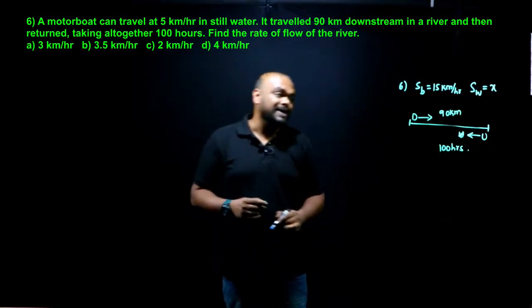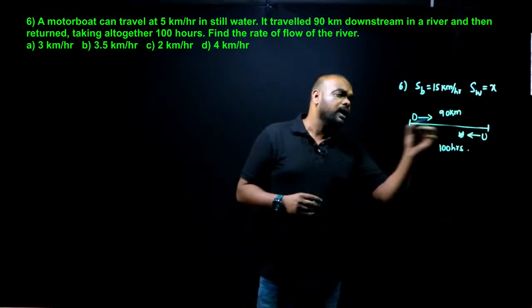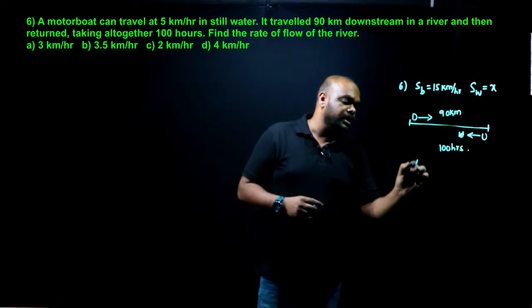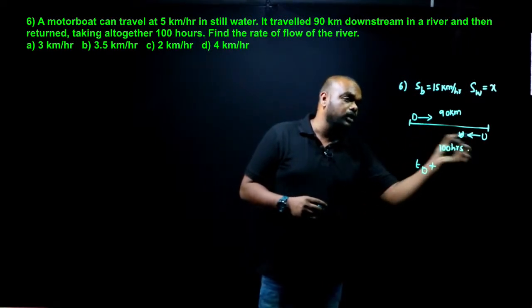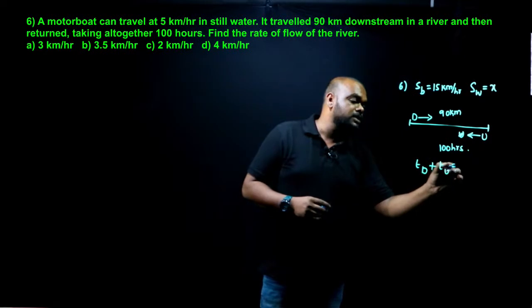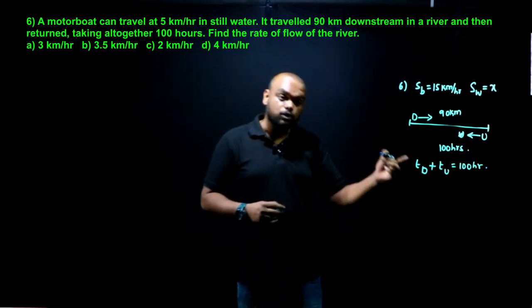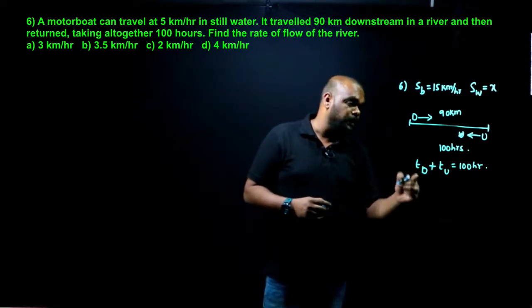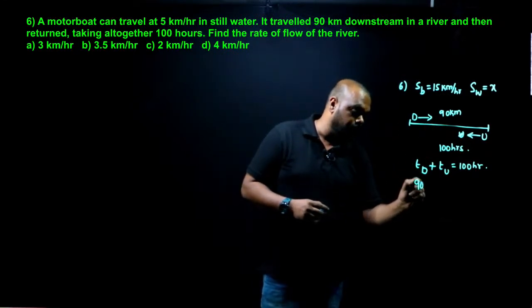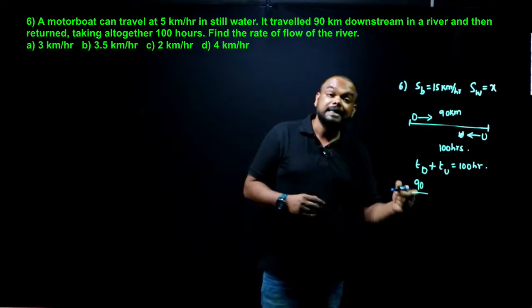Once again, we know time taken during downstream plus time taken during upstream together must be equal to 100 hours. Time is distance by speed. Distance is 90 kilometer divided by downstream speed.